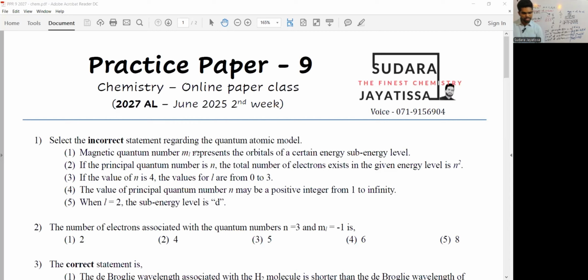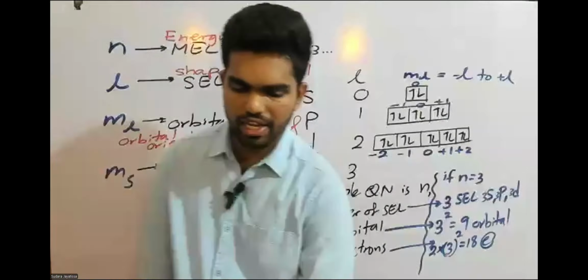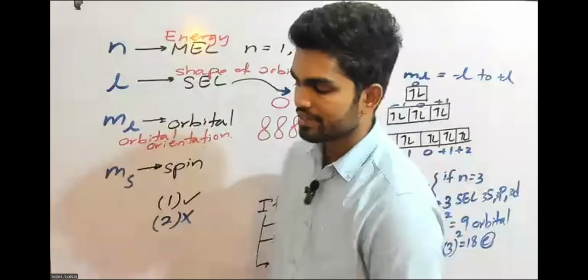If the value of n is 4, the values of L are from 0 to 3. That is also true. If it is the fourth energy level, the value of L is going to be 0 to 3.